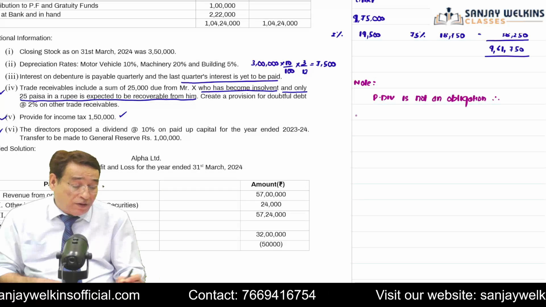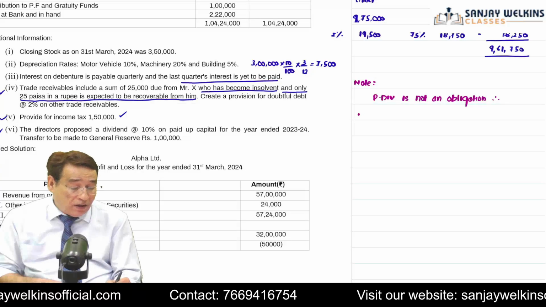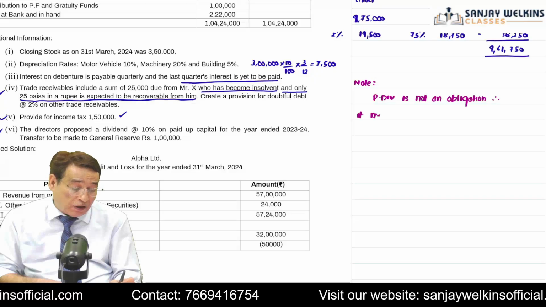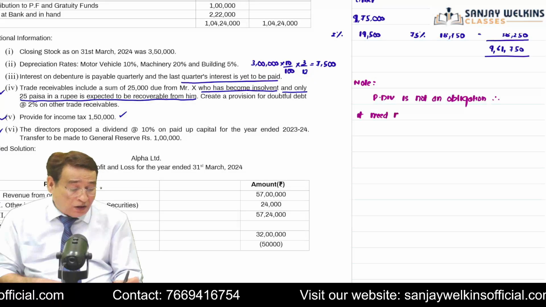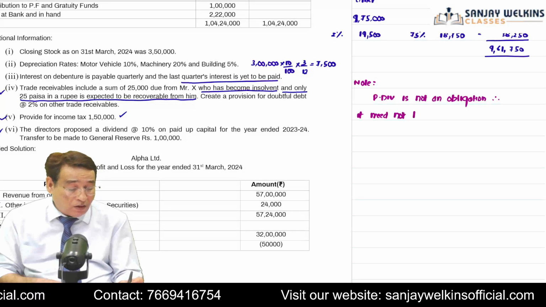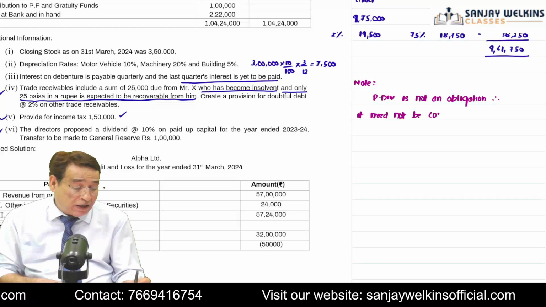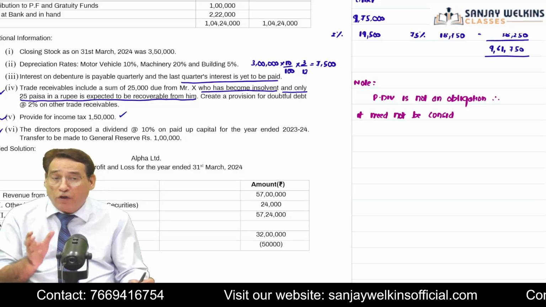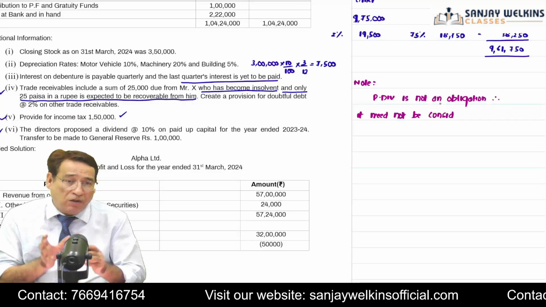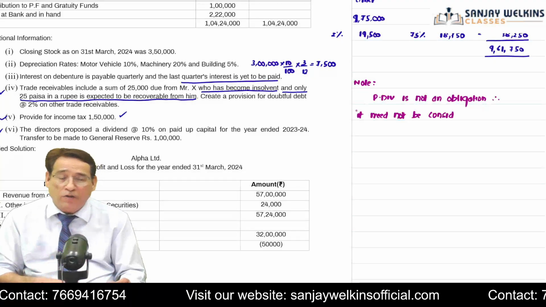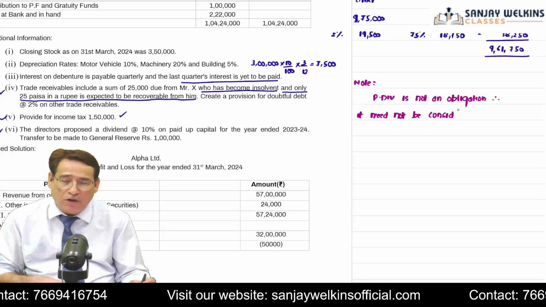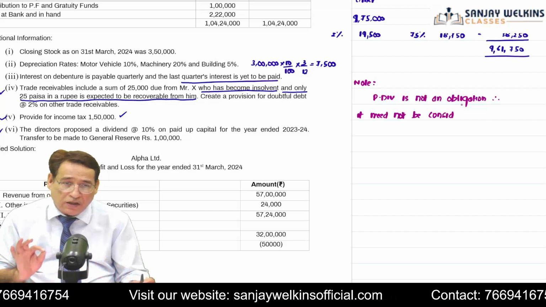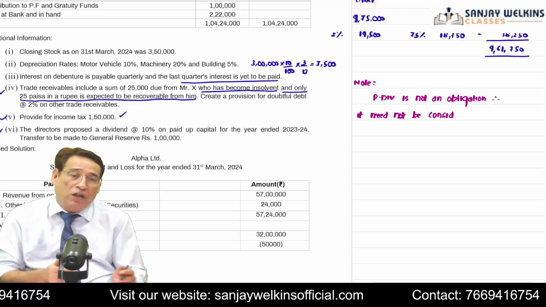Therefore, it need not be considered as liability. That means we need not create a proposed dividend, because it is not an obligation as per Companies Act 2013 and also as per Accounting Standard AS4. Is it clear to you? So proposed dividend is not considered an obligation, so there is no need to treat it.